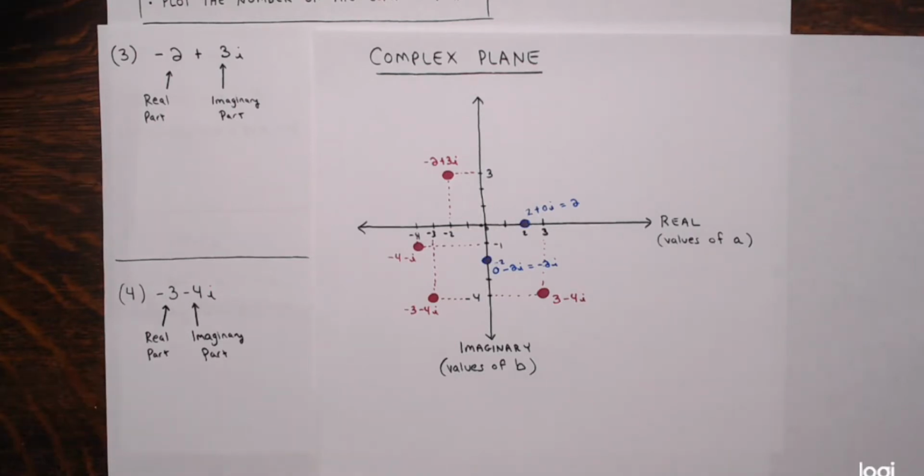And like I said earlier, you're probably not going to be plotting these things on the complex plane all too much early on when you're introduced to complex numbers. The complex plane actually comes more in handy when you're finding the absolute value of a complex number.